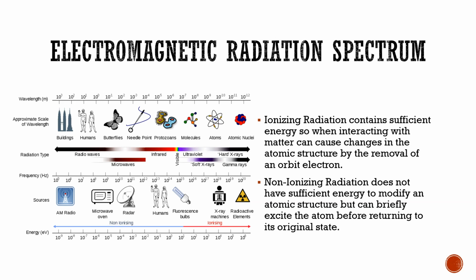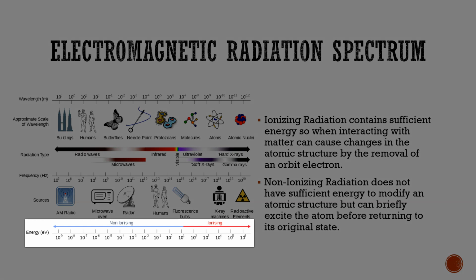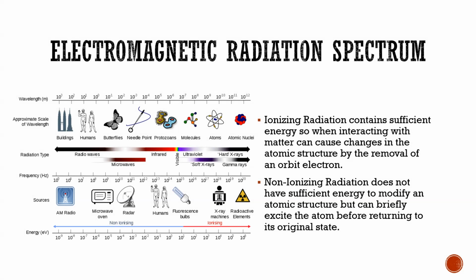Now, the big difference within the spectrum is that it can be divided between the non-ionizing radiation side and the ionizing radiation segment. Let us now differentiate between the terms ionizing radiation and non-ionizing radiation.